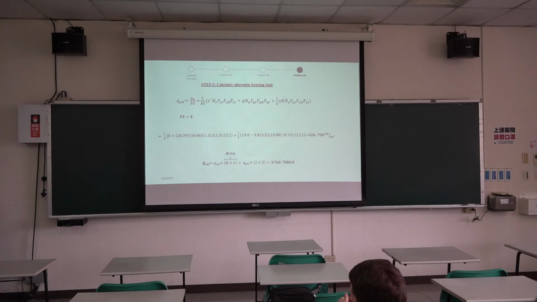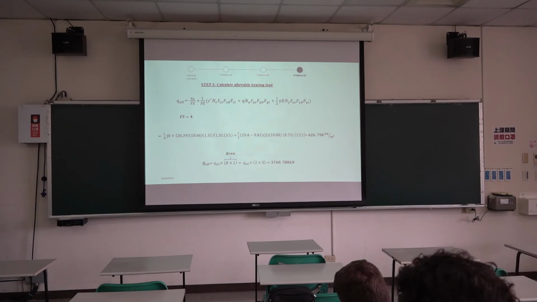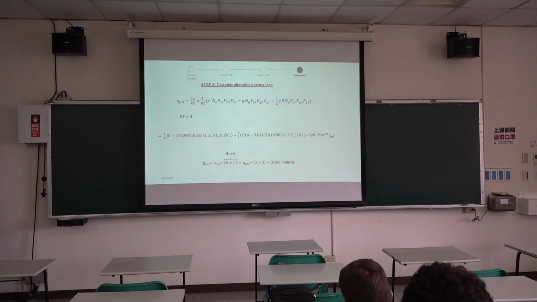So any questions? Yes? Why isn't gamma prime in the equation, when we solve first for the gamma prime, but in the equation we don't have it? Here? Yes. Oh, okay. So gamma prime, in the equation that you are dealing with, we have two factors that are going to change due to the water table. The first one is q, the surcharge. That is what we are calculating at the first stage, right?